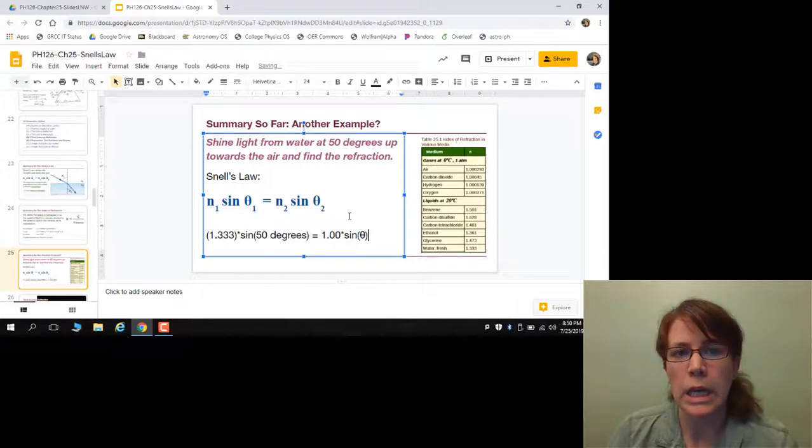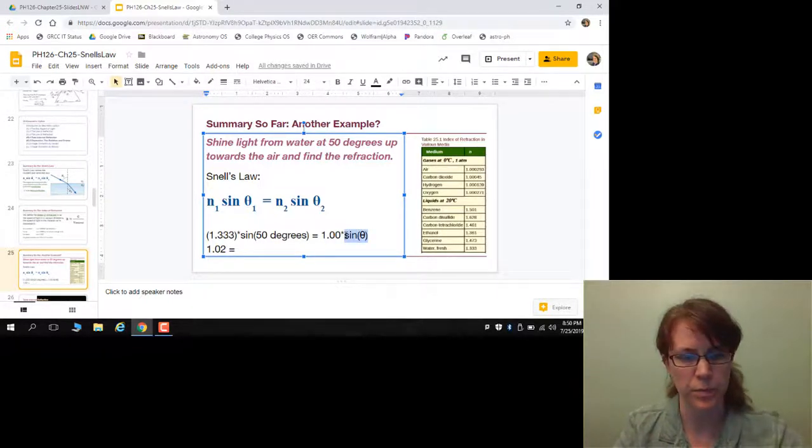Now the tricky thing is that when you solve for the thing on the left here, we end up with 1.02, and 1 times the sine of theta is just the sine of theta.